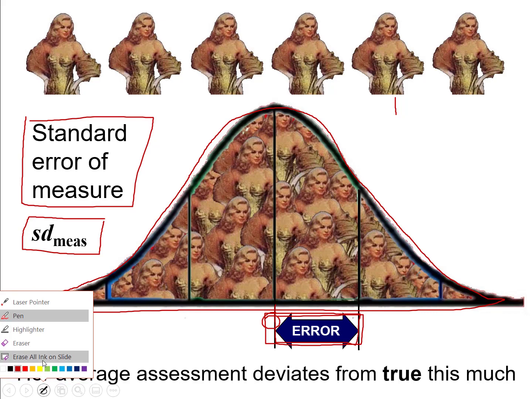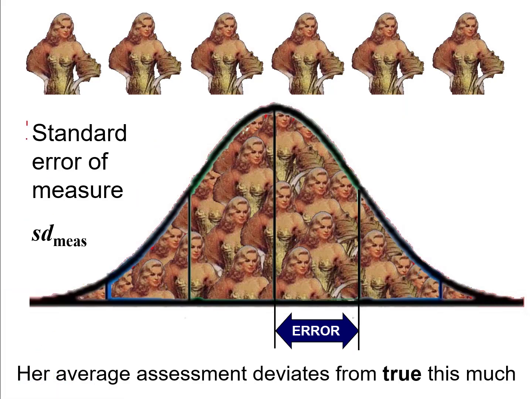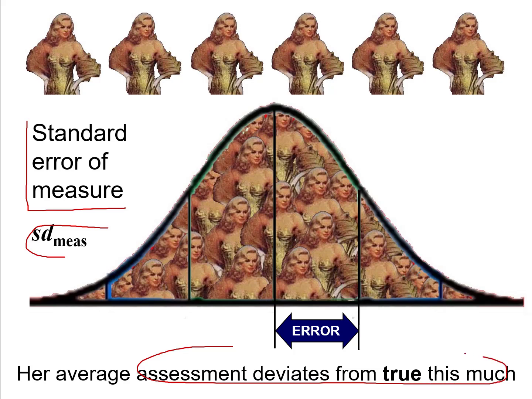In this case, we're looking at measurement error, so that's the standard deviation of measurement error, the standard error of measure, and it's telling me how far this person's assessments typically deviate from that person's true score. If I say the standard error of measure is 3, then on average, that person's assessments will deviate 3 units from that person's true score. The standard error of measure tells me how much each assessment typically deviates from the person's true score. And that's the standard error of measure.